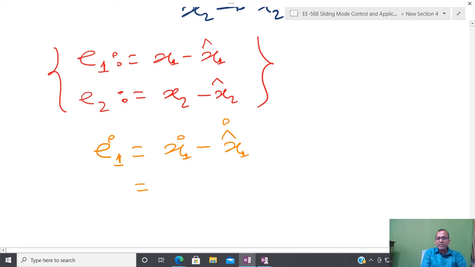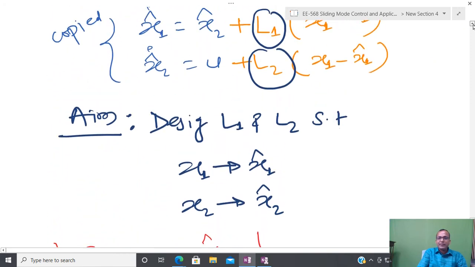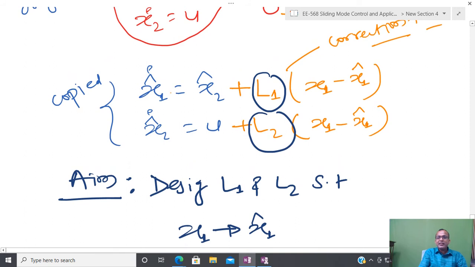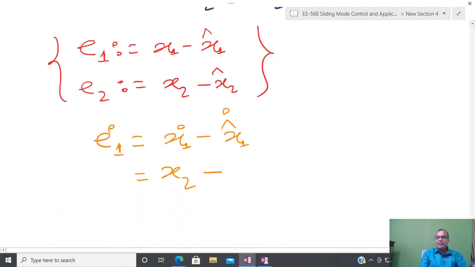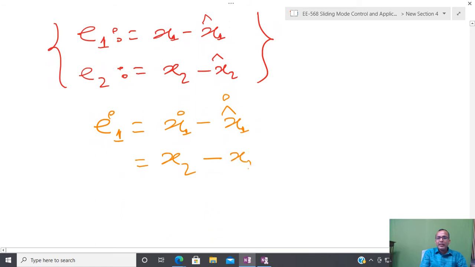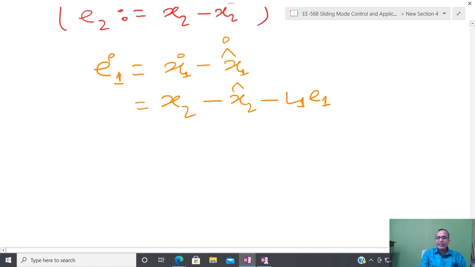Now try to see what x1 dot is. x1 dot is the original dynamics, so that is x2, but x1 cap is the copied dynamics with some correction. So x1 cap dot is x2 cap plus L1 times (x1 minus x1 cap), and we have already defined this as the error E1. So I am going to write it like this: x2 cap, and with a negative sign, minus L1 times E1.